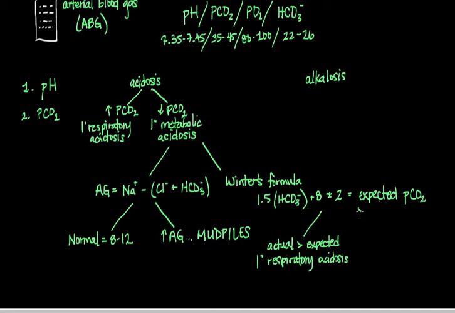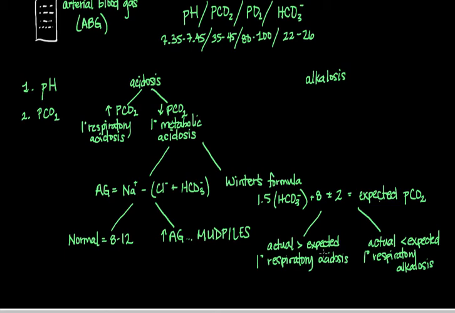And if the actual PCO2 is less than the calculated or the expected, then you know that there is a concurrent primary respiratory alkalosis. And if you think about it, this kind of makes sense. If the PCO2 is higher than the expected compensation, then the patient is not breathing off enough carbon dioxide.